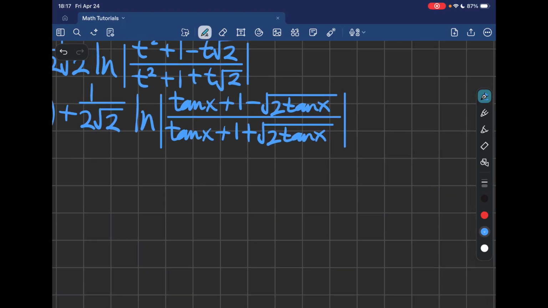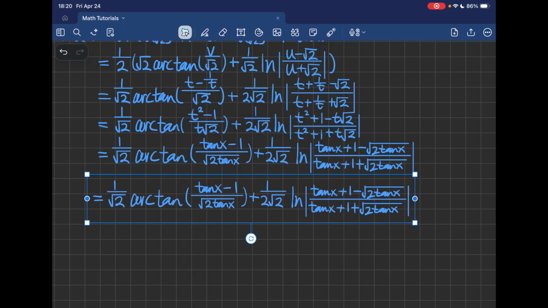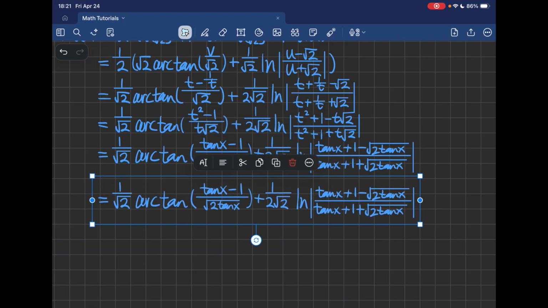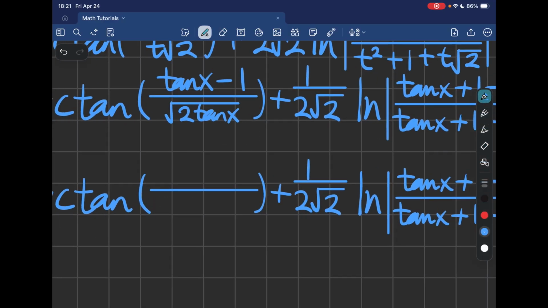Yes, we are almost there. So if you prefer something slightly different in the parentheses of arctan, if you don't like the square root of 2 tan x as the denominator, we can do a little modification. We can divide the numerator and denominator by square root of tan x.